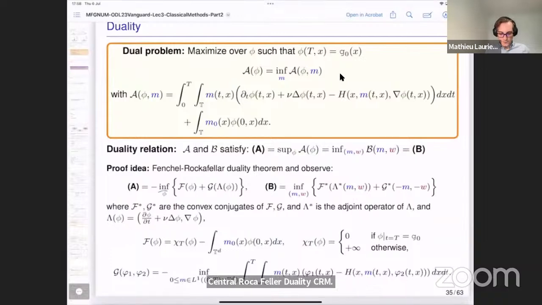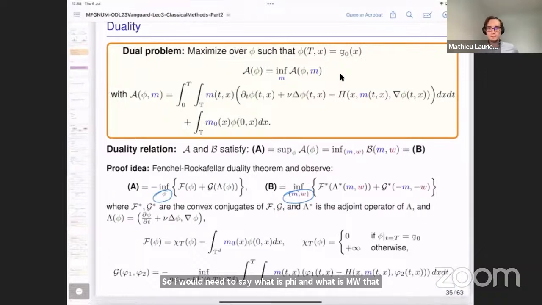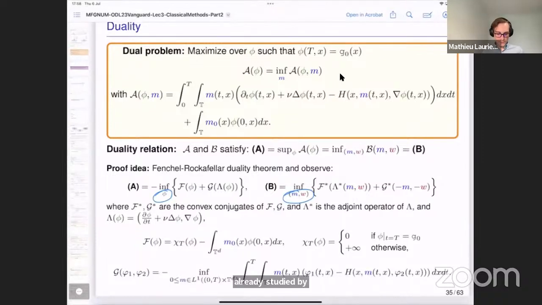So I would need to say what is phi and what is M and w, but you can make all of that rigorous. Here I refer to the paper of Cardaliaguet, or the notations I'm using here are from my paper with Ivan Jaidu, but this was already studied by Pierre Cardaliaguet and co-authors for first order and then second order degenerate mean field games.